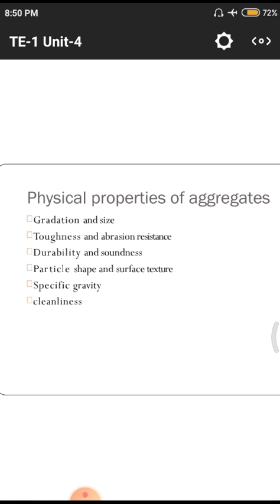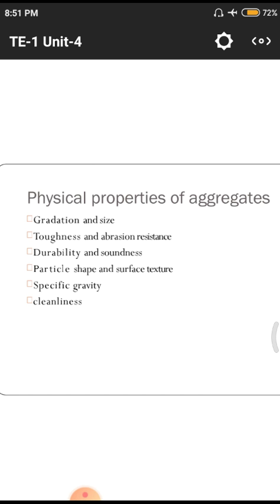Specific gravity has no units. Why? Because we are simply dividing weight by weight. Simply we will get the value as a fraction, like 2.54 or 2.32. The value will lie between 2.3 and 2.6. Beyond 2.6 means there may be a huge amount of voids.